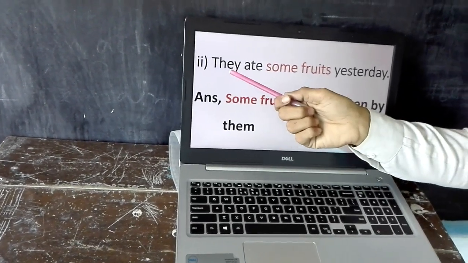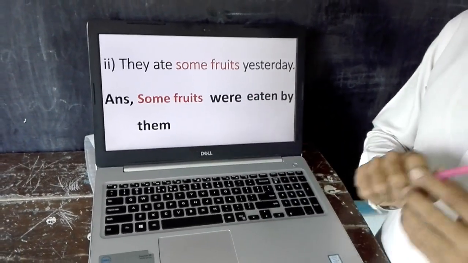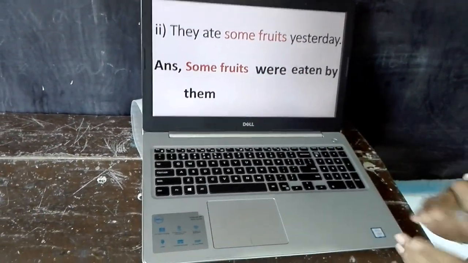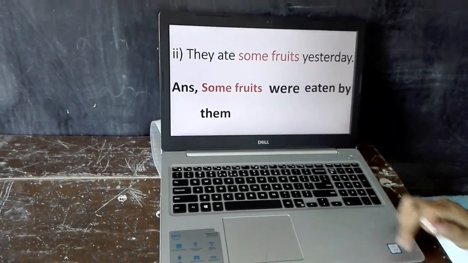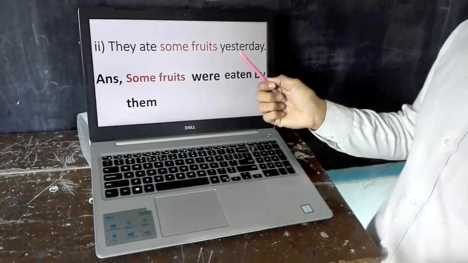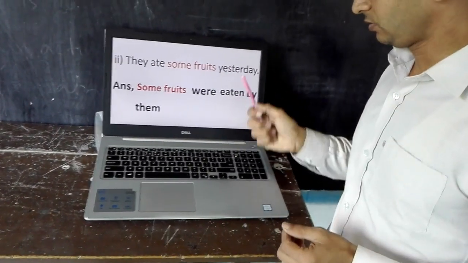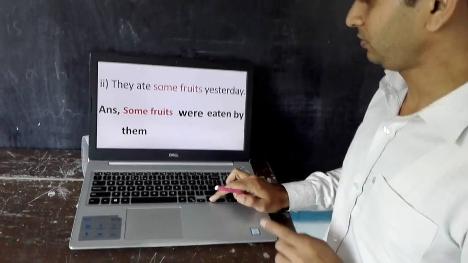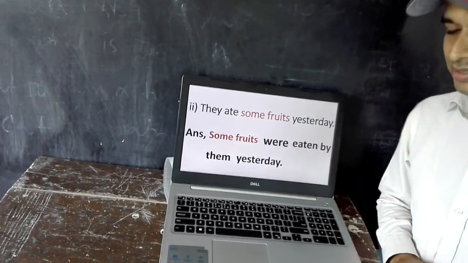But when the subject is a pronoun, we should write the objective form of the pronoun. So the objective form of they is them, so we have written them. Now after the object we should write the extension. Here in the extension only one word is there, yesterday. So we will write now yesterday. Some fruits were eaten by them yesterday.